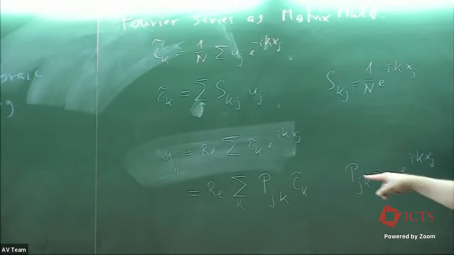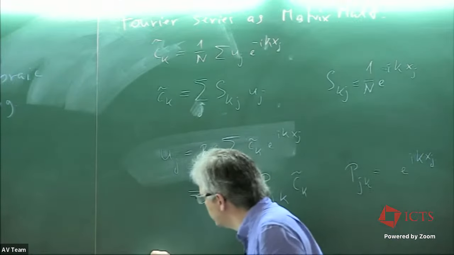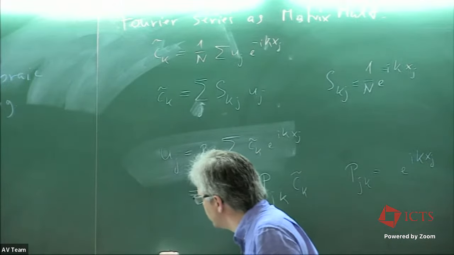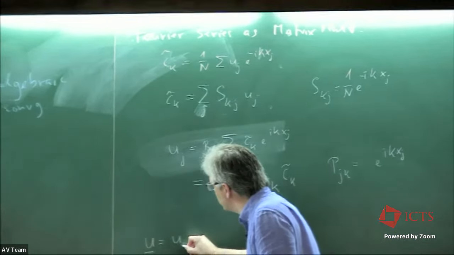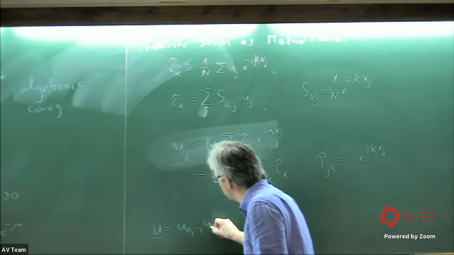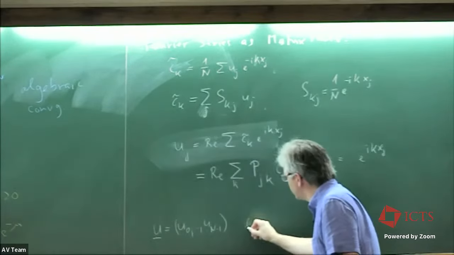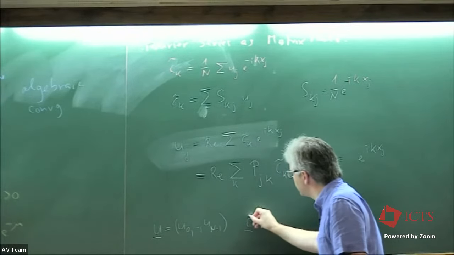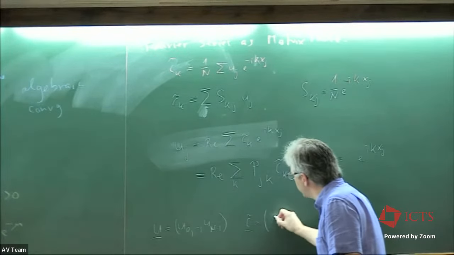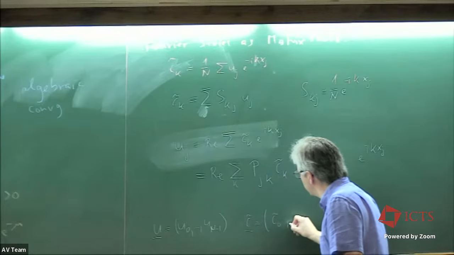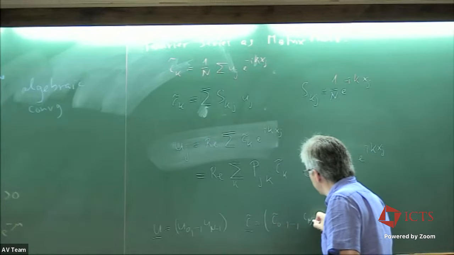And I've written them here with indices, but if you want to get a little bit more fancy, you could introduce a vector U that has all the grid point values, and a vector c delta that has all the c deltas and c tilde over 2.